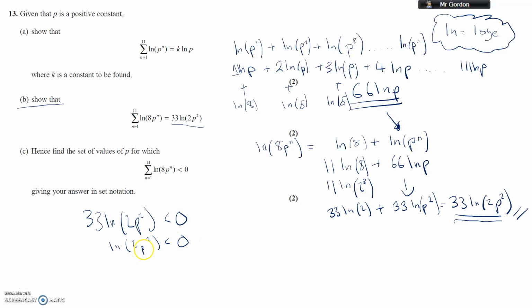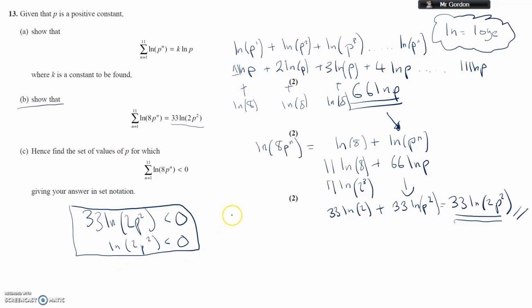Well, for things to be in here, look, you've got something squared, which is going to be a positive value, and then you also timesing it by 2, so it's still positive. So this is never going to be a negative number in here, which is fine, but it means it still has to be less than 0. You may be aware of the graph of the natural log.